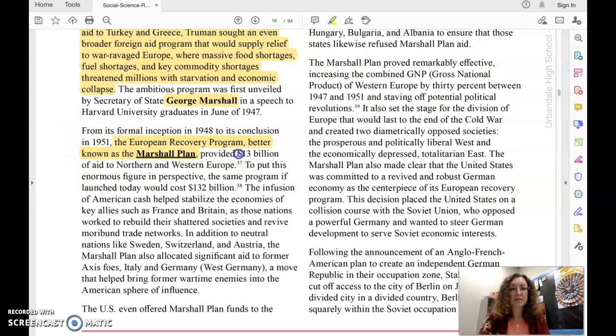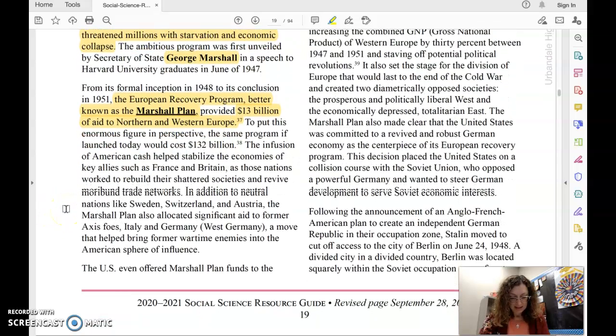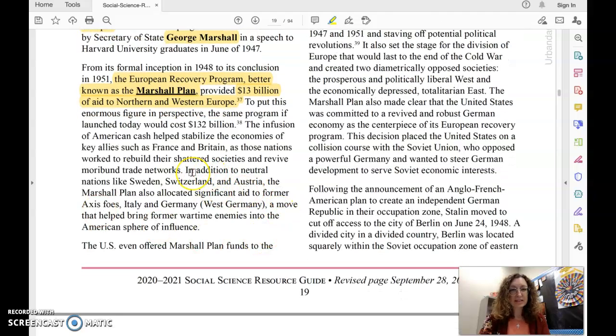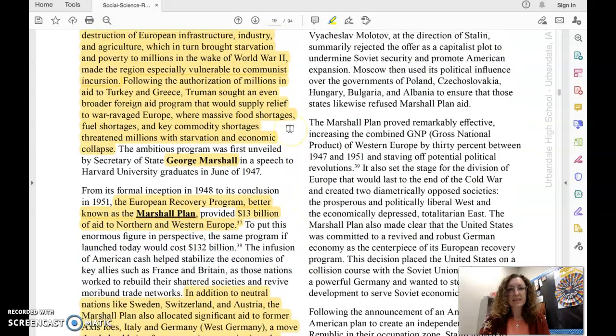And we're bringing $13 billion of financial aid to Northern and Western European countries. Other nations that received help from the Marshall Plan: Sweden, Switzerland, West Germany, those nations that we typically think of as our allies. This is interesting.